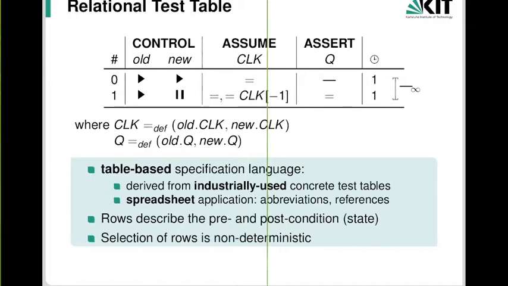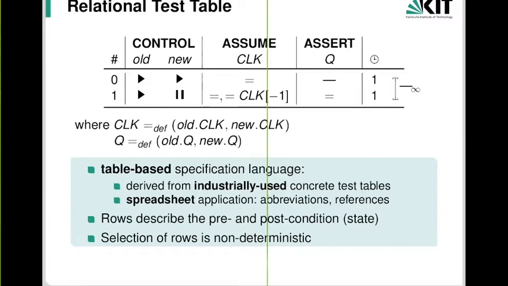Our relational test tables describe families of relational properties between program runs. Concrete test tables are very popular in industry today because they can be written down in a spreadsheet application. So, just for a brief overview about the syntactical notion of relational test tables.